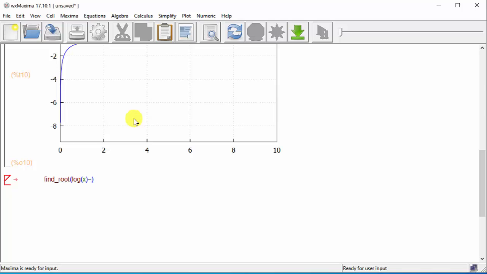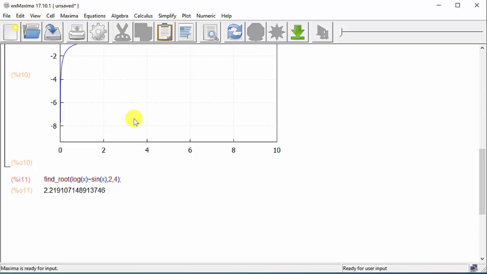Log x minus sine x, and we want to find the root between 2 and 4. So that should get it right there. Semicolon, and we do shift enter, and there it is.